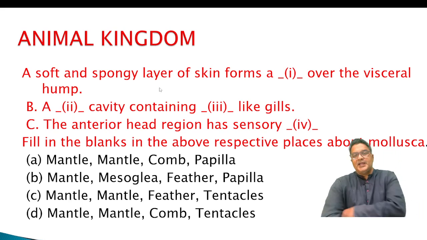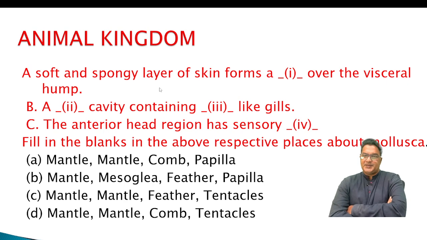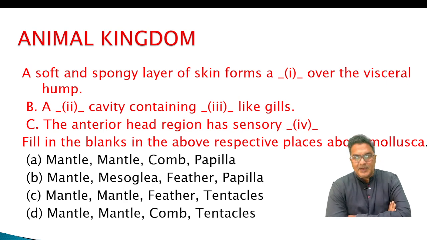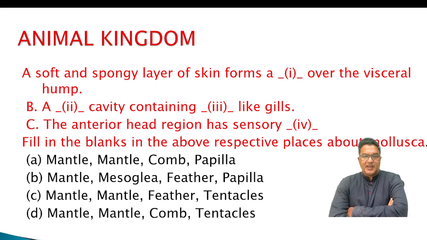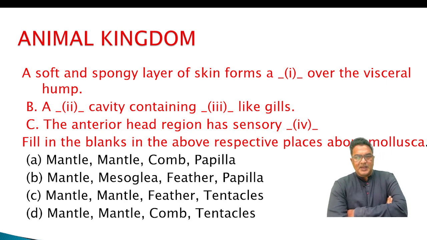Soft, spongy layer of skin forms dash over the visceral hump. Then we need to fill the gaps here: a dash cavity containing dash-like gills. First option is ready: mantle over the visceral hump. And the second option, which cavity?